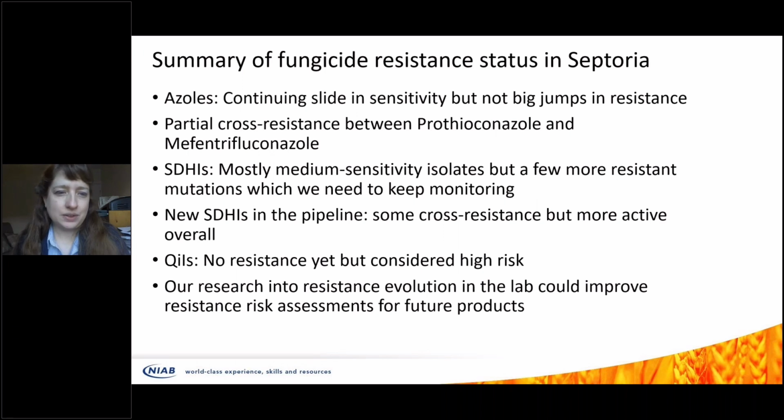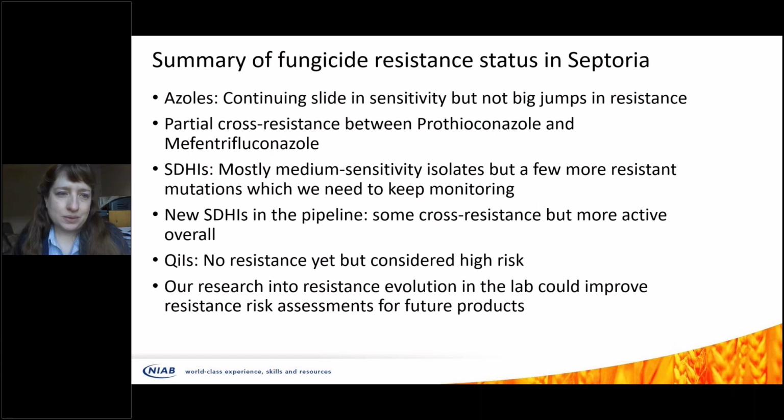And the new SDHIs in the pipeline are showing good activity so far, but again we need to keep monitoring these more resistant mutations. And with the QIIs, no resistance so far, but we want to keep it that way as long as possible, please.